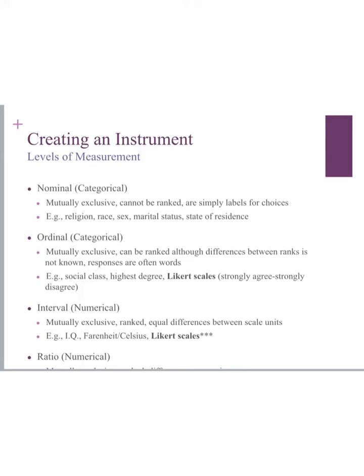So what researchers do with Likert scale information is they assign a numerical value to a Likert scale category. So on a scale from strongly disagree to strongly agree, we'll give strongly disagree a 1, disagree a 2, neutral a 3, agree a 4, and strongly agree a 5.